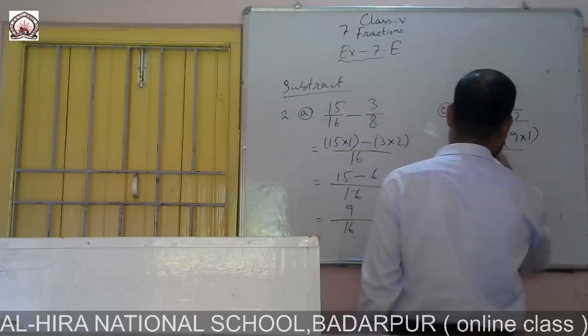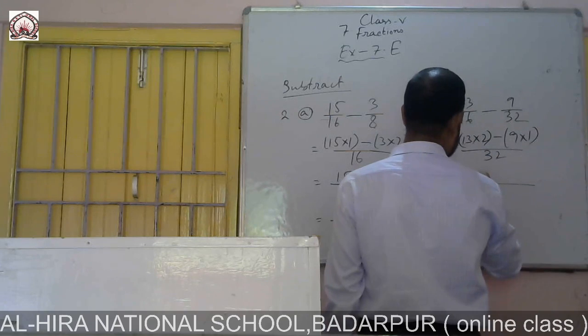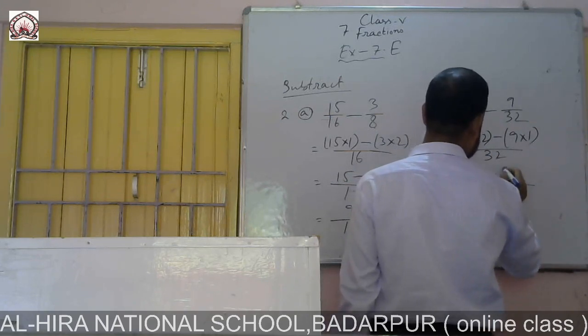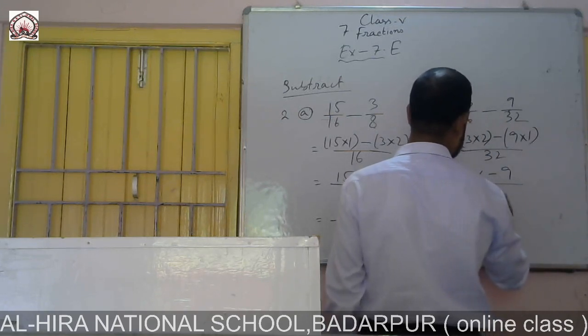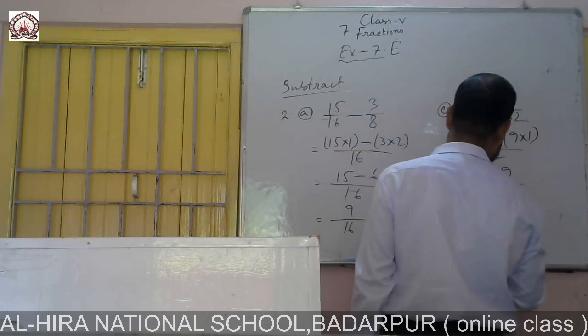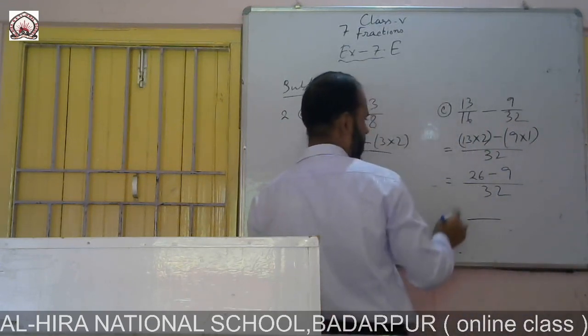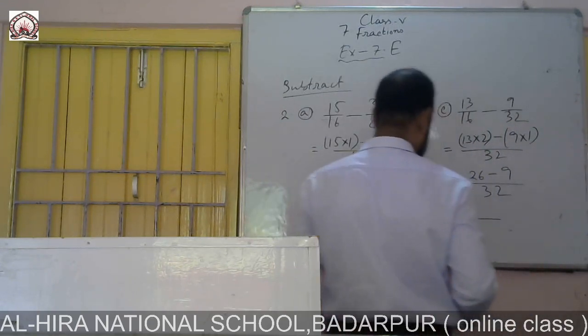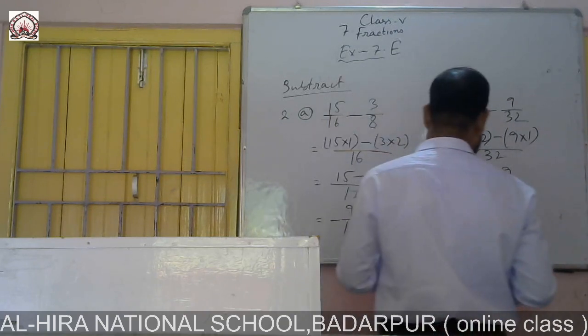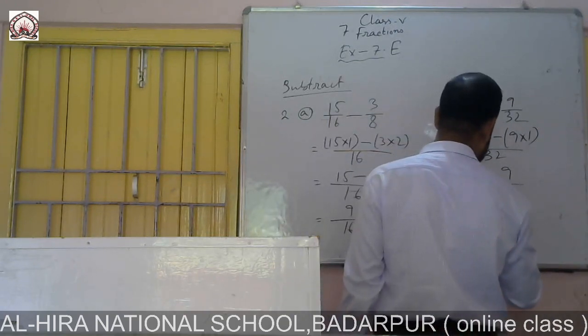Now 13 twos are 26 minus 9 ones are 9 by 32. So 26 minus 9 is equal to 17 by 32.